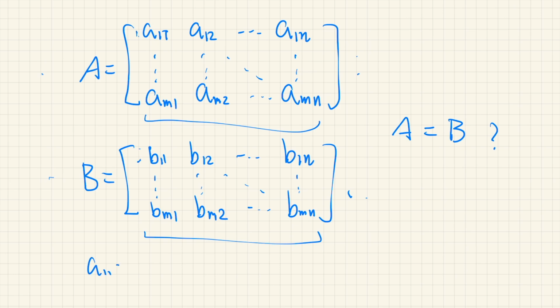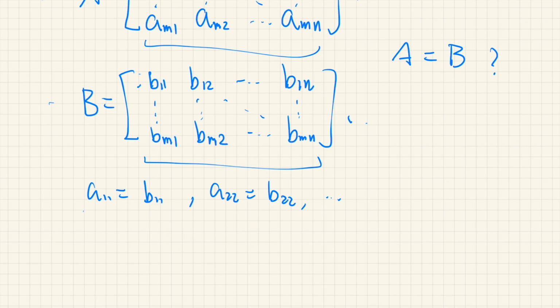And the second condition is that the corresponding elements should be equal. So A11 should be equal to B11, and A22 should be equal to B22, and so on. That's for the first row, and same for the second row and third row, and so on. All the rows and all the columns.